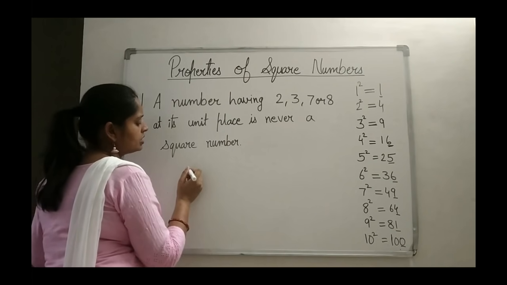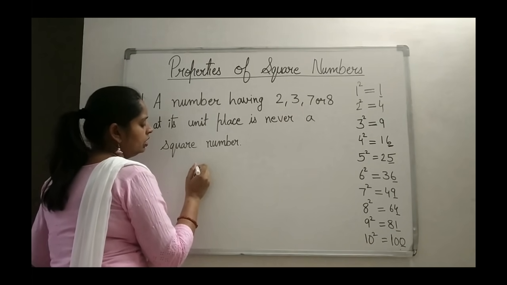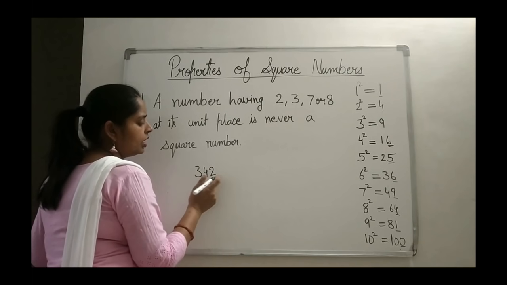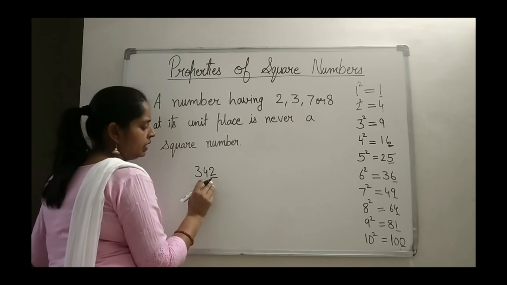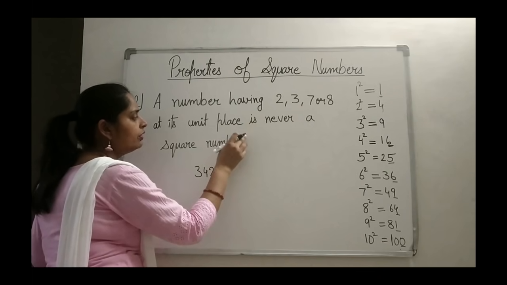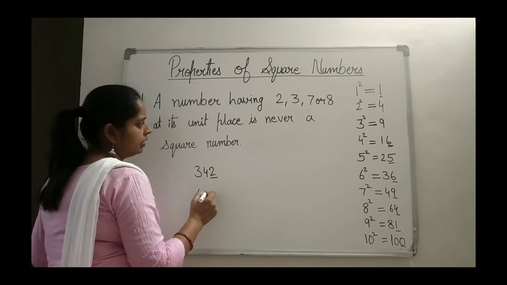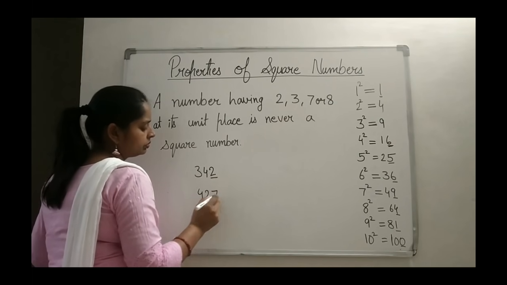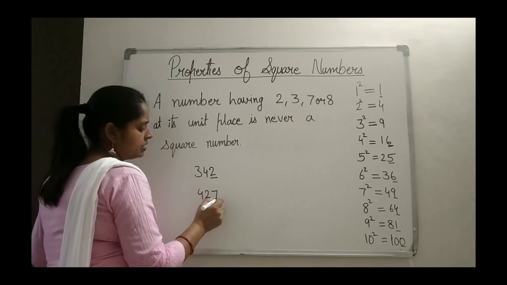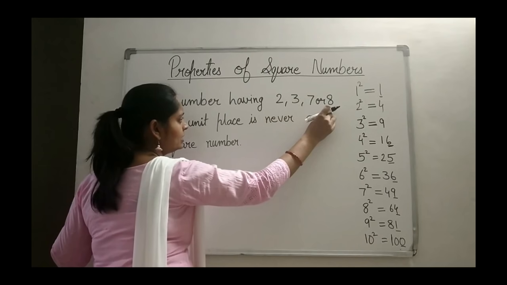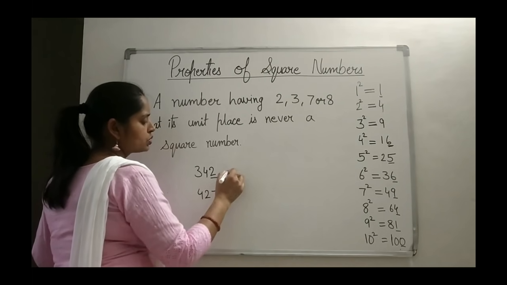Suppose it has been asked whether 342 is a square number or not. You have seen that 2 is there in the ones place, so it will never be a square number. If the number is like 427, it has 7 in the unit place. So you know that a number ending by these digits is never a square number.